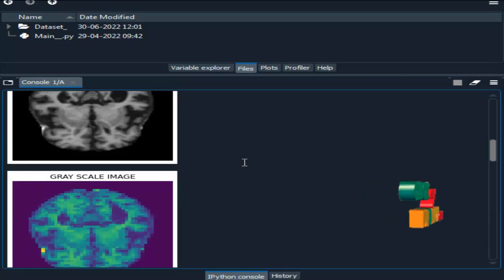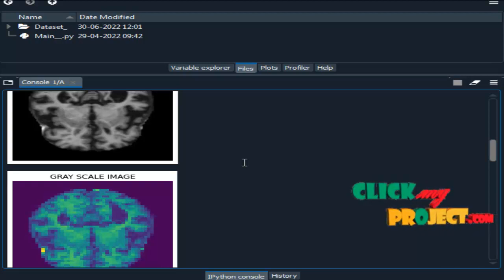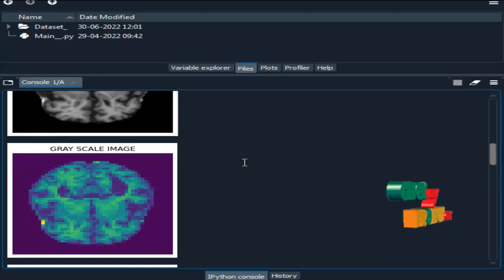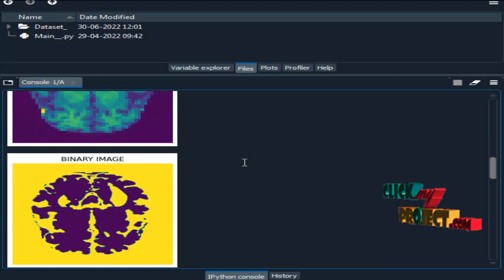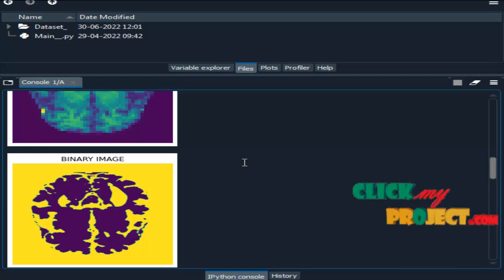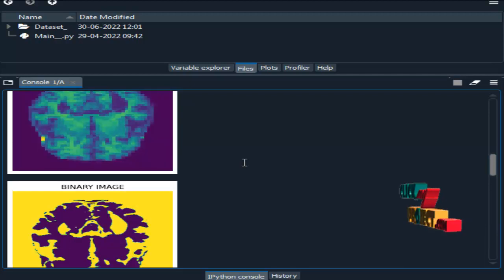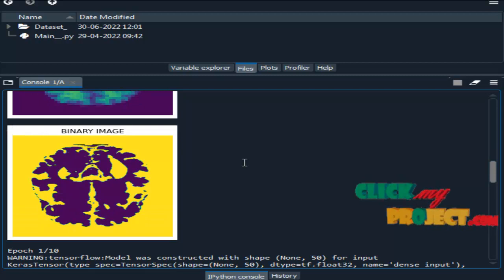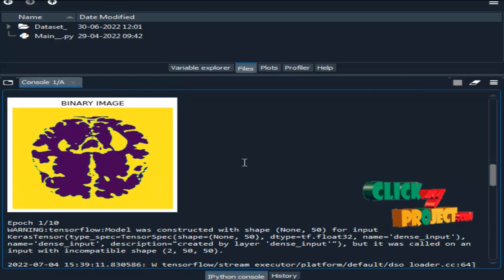Then we convert the pre-processed image to grayscale. After converting to grayscale, we convert the image into a binary image by using Otsu thresholding. So this is the binary image.